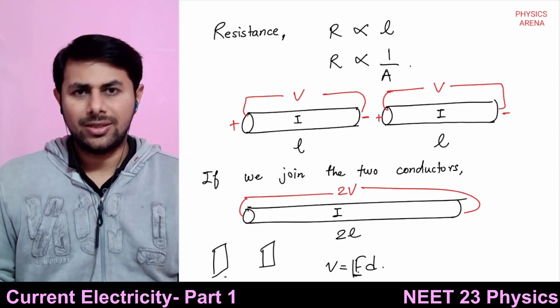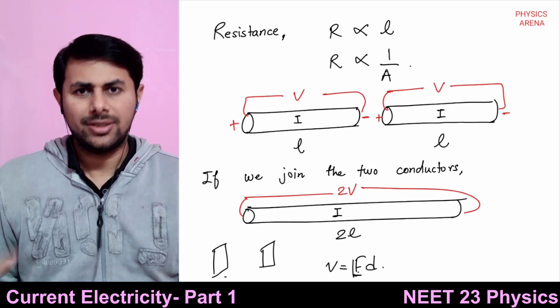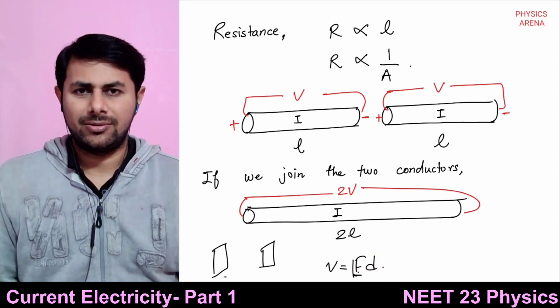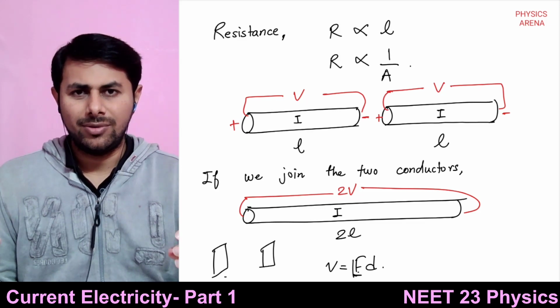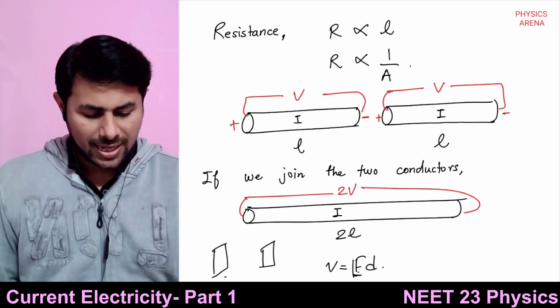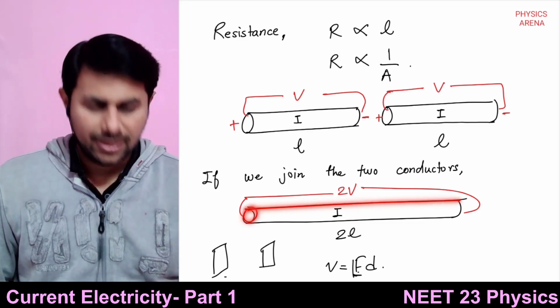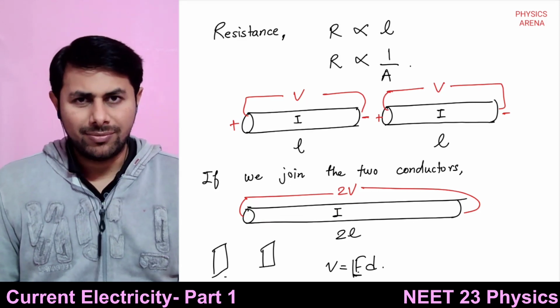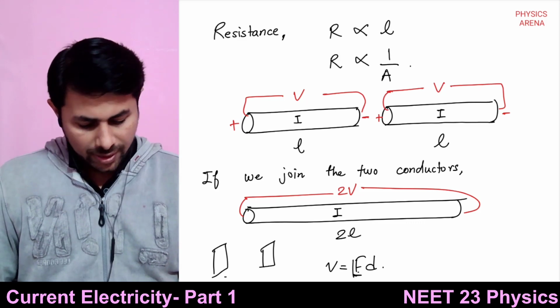Potential difference is directly proportional to the separation, right? If D is made twice, what will happen? Potential difference will become twice. So just like that, in this case, as you make length twice, the potential difference will become twice, two times.